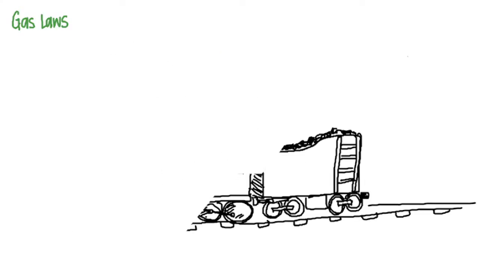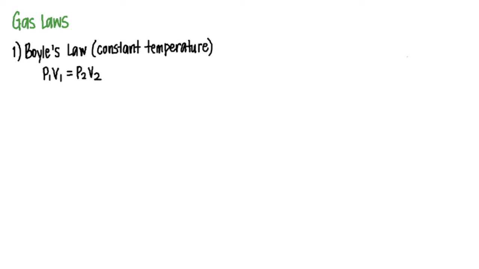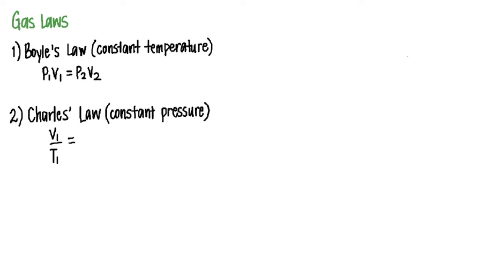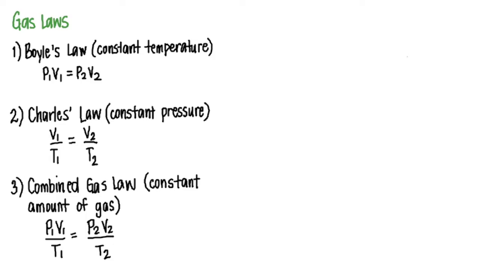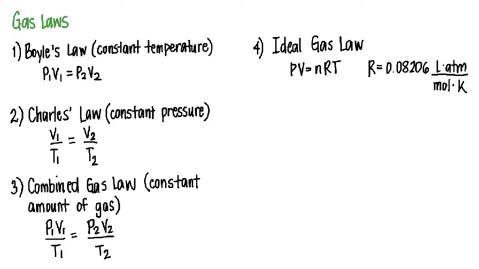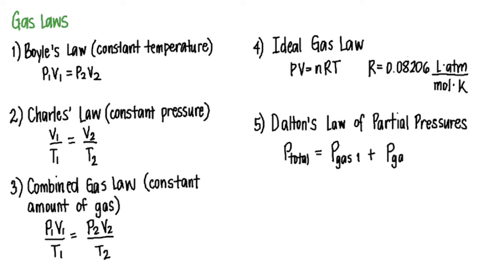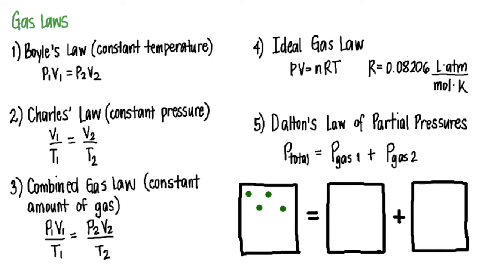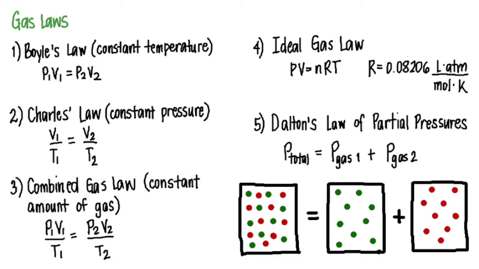Your gas laws include Boyle's law, which relates the pressure and volume of a gas, Charles' law, which relates the volume and temperature of a gas, the combined gas law, which is the combination of Boyle's and Charles' laws, the ideal gas law, with the gas constant R having a value of 0.08206 liter atmosphere per mole per Kelvin, and Dalton's law of partial pressures, which states that the total pressure of a gas composed of different species is equal to the sum of the pressures of each individual gas if it were alone in the same container.